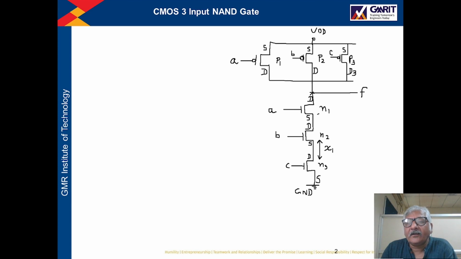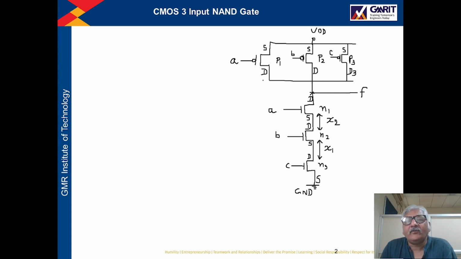In the same way you see here, the source of N1 and the drain of N2. These two terminals are also not directly connected to either inputs or output or VDD or ground supply. So this also has to be declared as a wire, and I am giving it the name X2.